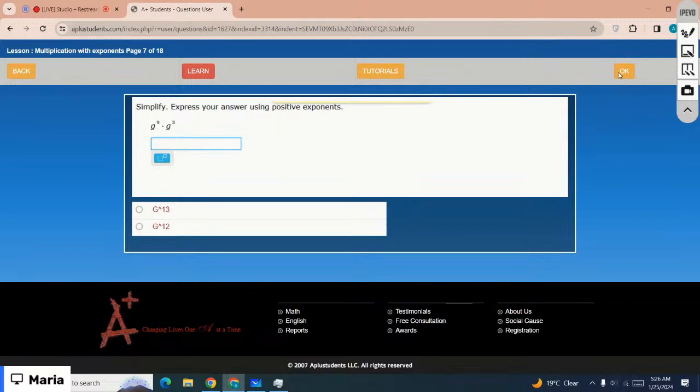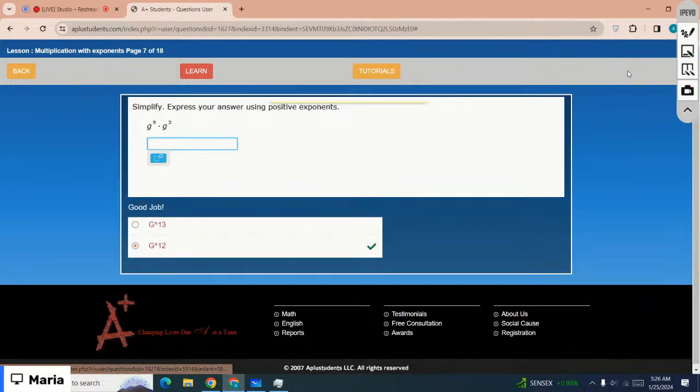Simplify g exponent 9 times g exponent 3. Which is the correct option? The correct option is, yes, that is g exponent 12.